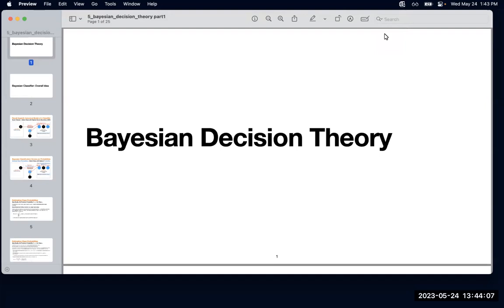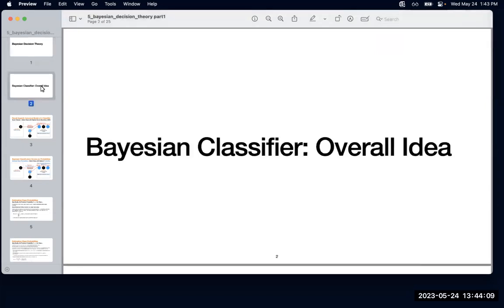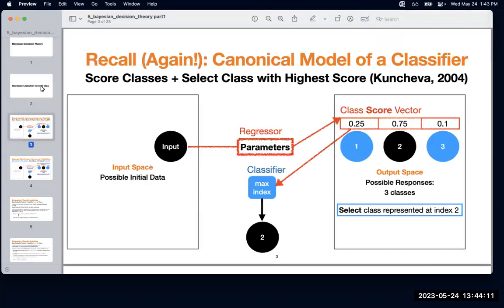So let's have an overall idea of more specifically what we mean by a canonical Bayesian classifier. Before, we had introduced one of the examples as what you see on the screen. In this example, I would have three classes. Out of these three possible classes, I would be generating a score, so each class would be associated with a score.